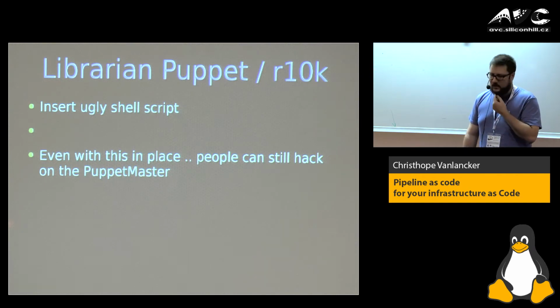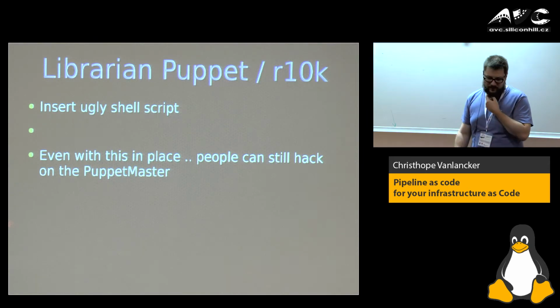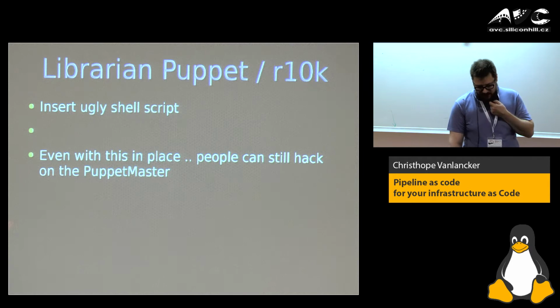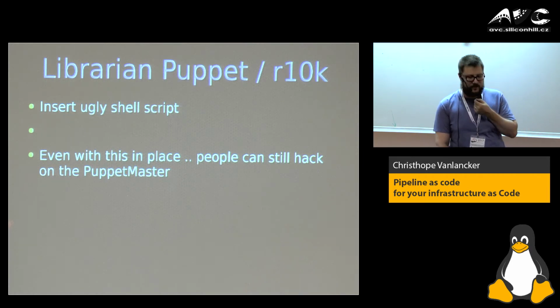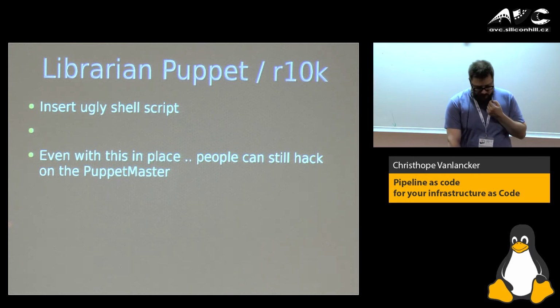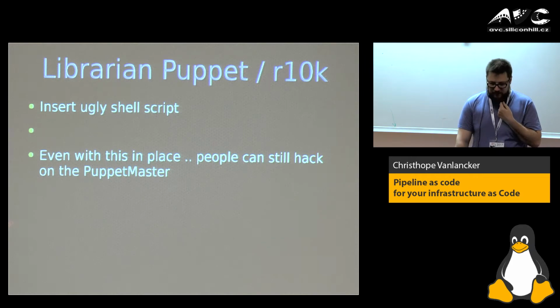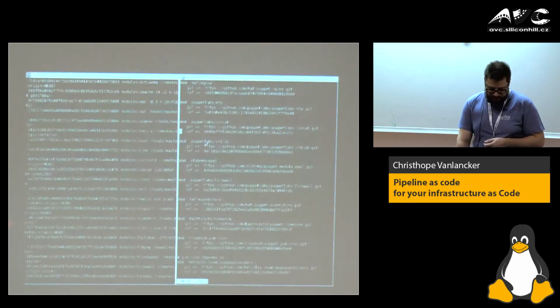And you get in some situations where you want things to go faster or want to make changes manually on your Puppet master or your Chef server. Not that good. So a reason not to use things like Librarian is that you can actually achieve the same things with Git submodules.